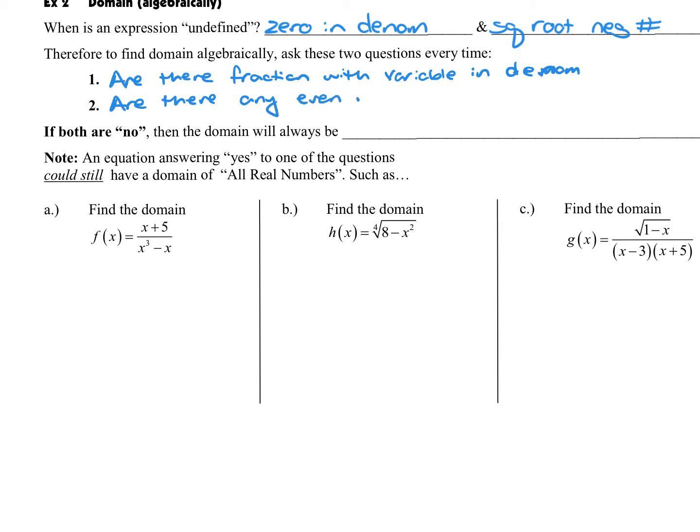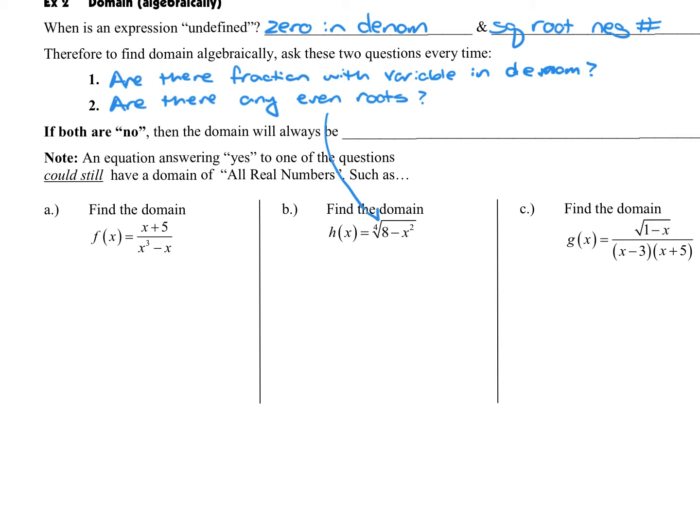Now, typically, our even roots are the square roots that we've been working on up until now, but there might be an even root, such as a 4th root or a 6th root, and it will look like this one here in part B. It's just going to behave exactly like a square root.